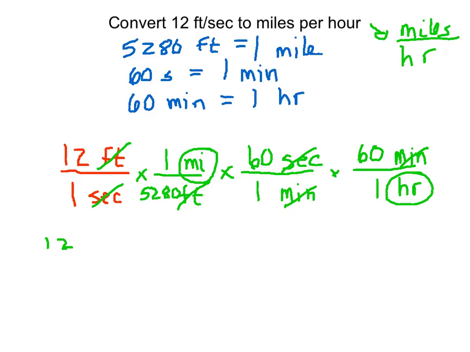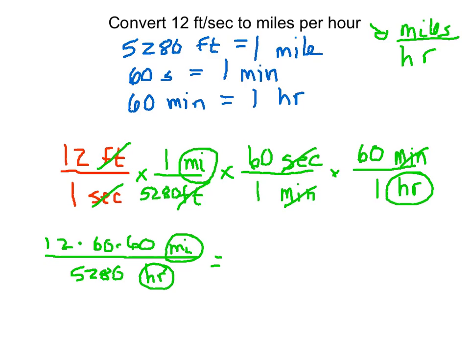So now I'm going to multiply all the numerators. 12 times 1, so I'm just going to write this as 12 times 60 times 60. Up top, that's going to be miles, right? Because that's what was circled. And down below, I'll have 1 times 5,280 times 1, which is just 5,280. And my unit down below is hours.